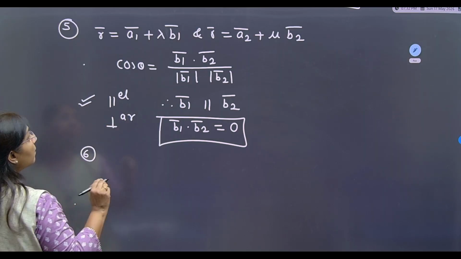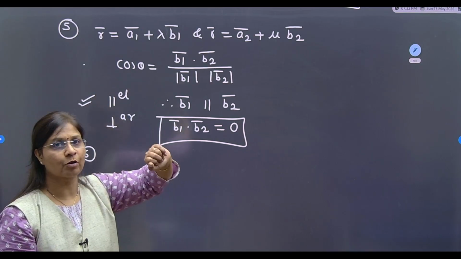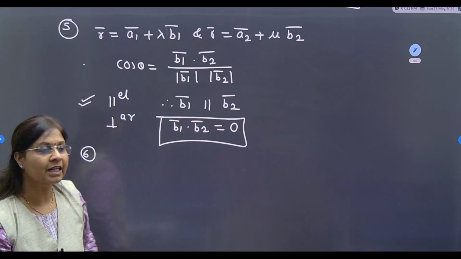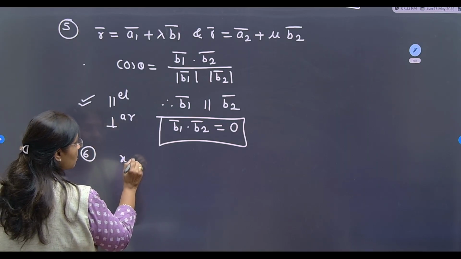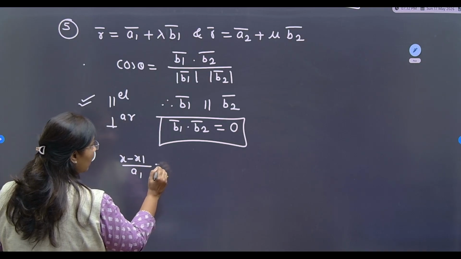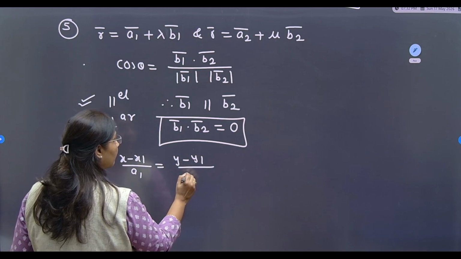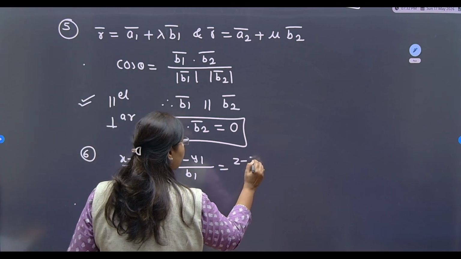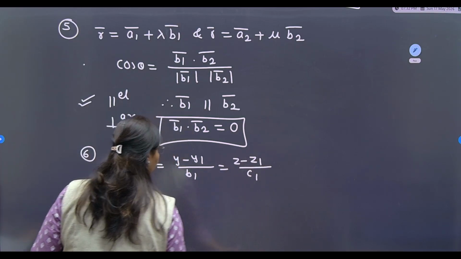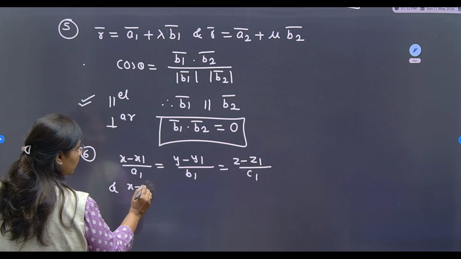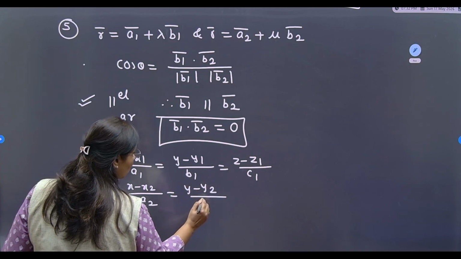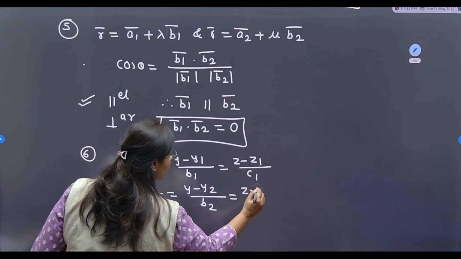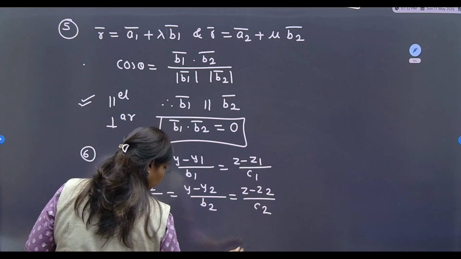Next, in place of vector equations of lines, Cartesian equations are given. The Cartesian equations of two lines are x minus x1 upon a1 equals y minus y1 upon b1 equals z minus z1 upon c1, and the next line, x minus x2 upon a2 equals y minus y2 upon b2 equals z minus z2 upon c2.